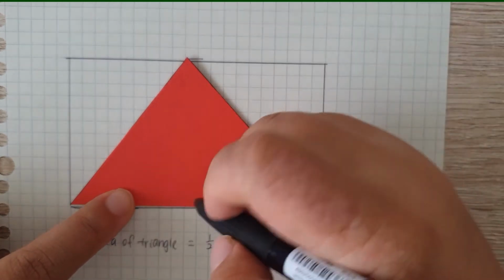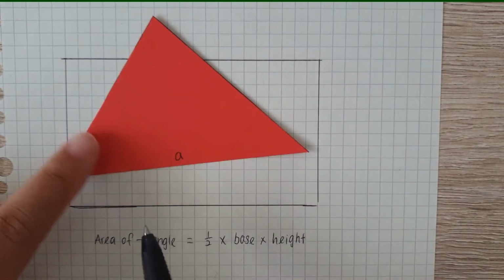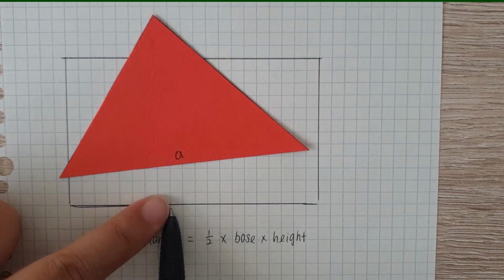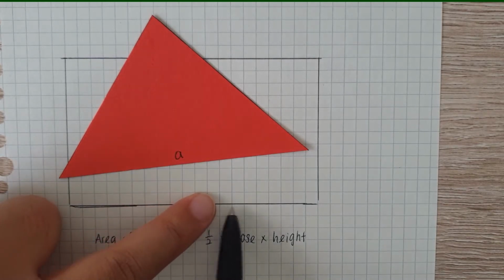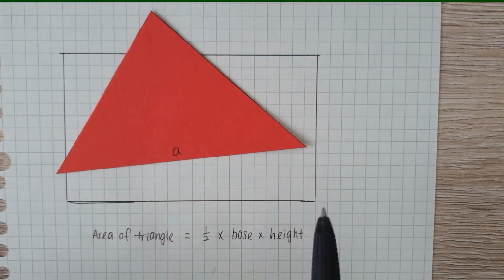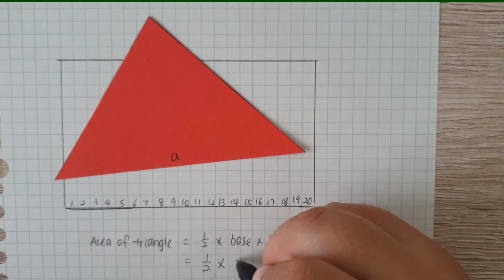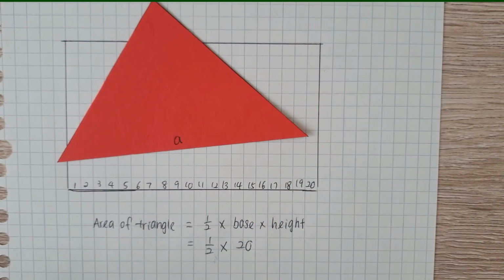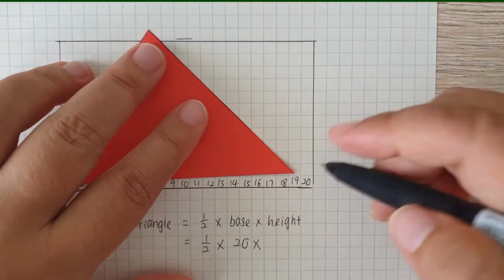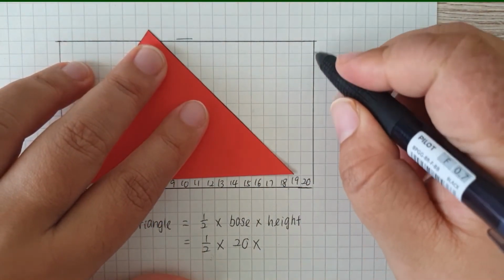Let's name this A. And the length of A is 2, 4, 6, 8, 10, 12, 14, 16, 18, and 20. So the base in this case is 20 units long. And the height is 2, 4, 6, 8, 10, 12.